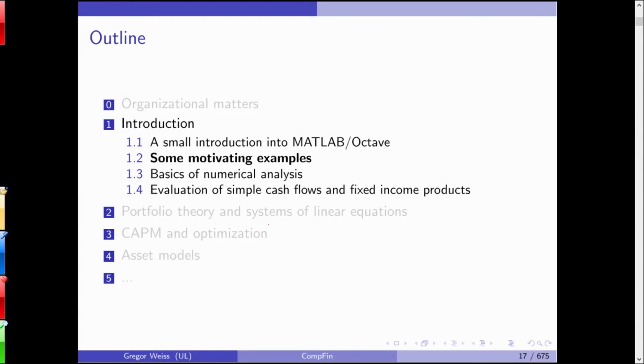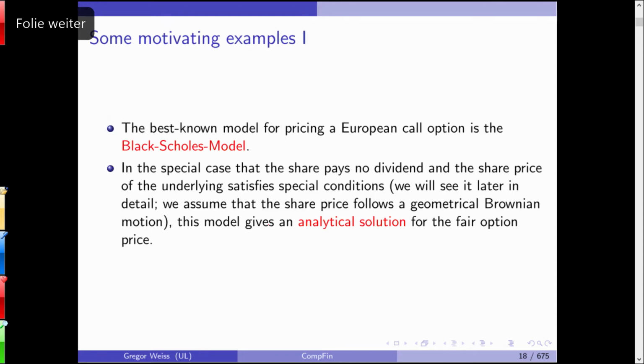This is quite simple, I think. Okay, so let's start with some motivating examples. And the math students, I think they will like this. This is quite easy. First of all, who does not know what the Black-Scholes-Merton model is and what it does? Okay. Do you know what a financial derivative is? What an option is? An option is quite simple.